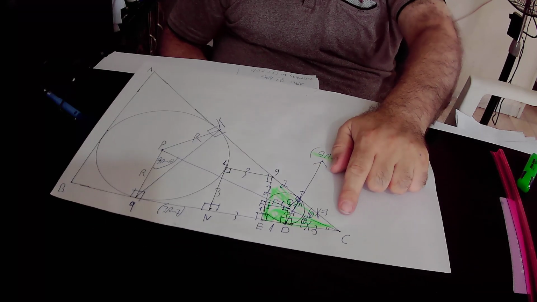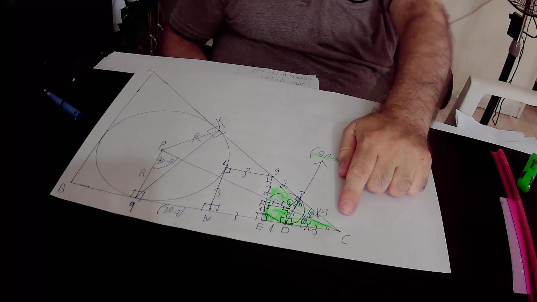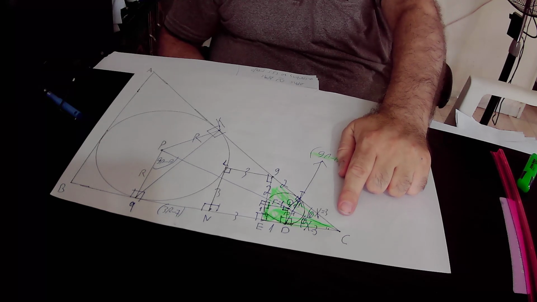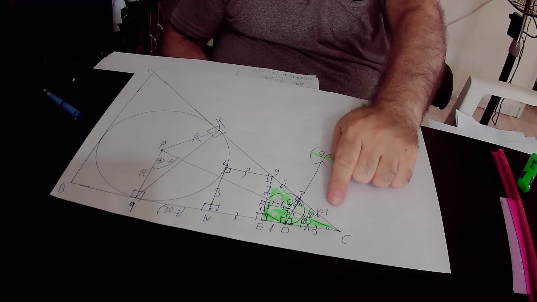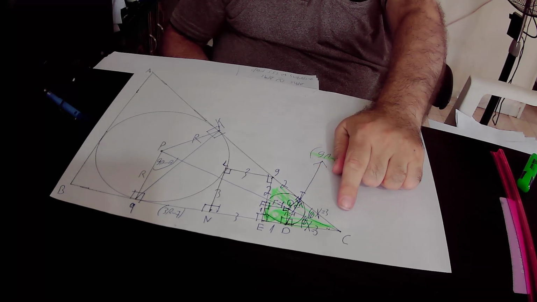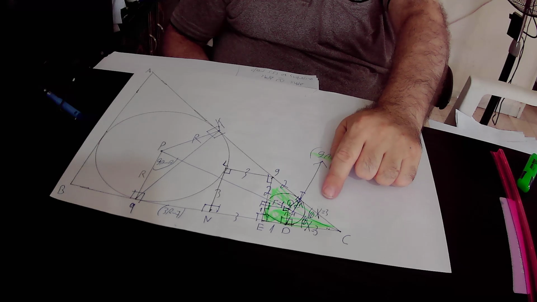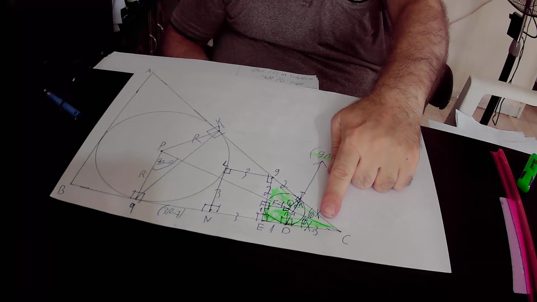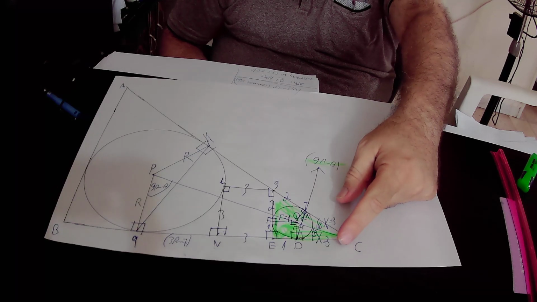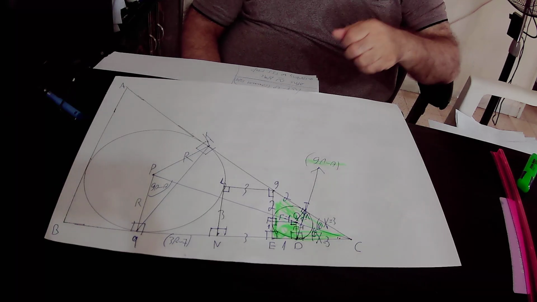Then we focus on the common standpoint point C. From point C, we have two tangents to the circle, tangent CT and tangent CD. And according to rule number 2, they are equal to each other. So if CT equals X, then CD must also equal X because they are equal to each other according to rule number 2.